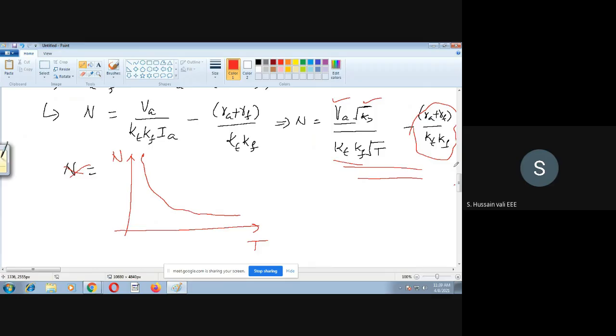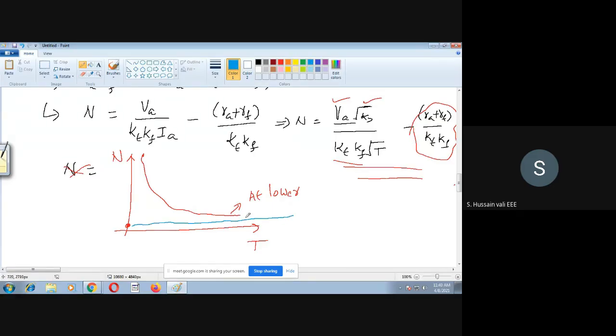So this is the relationship between speed and torque. Now you see here, at lower speeds the torque is very high. You just see the DC series motor at lower speeds, because from this graph the lower speed is here. So what is the torque here? If you see the line here, torque is very high.